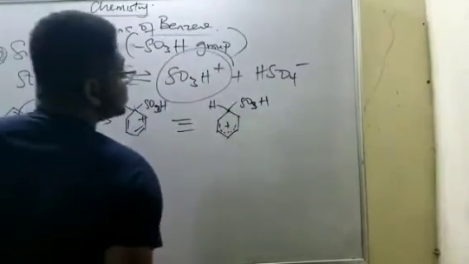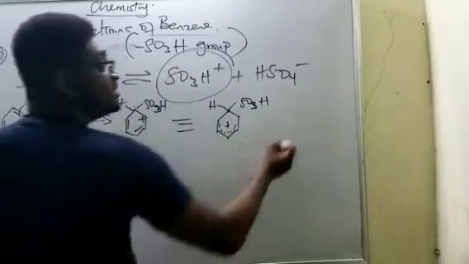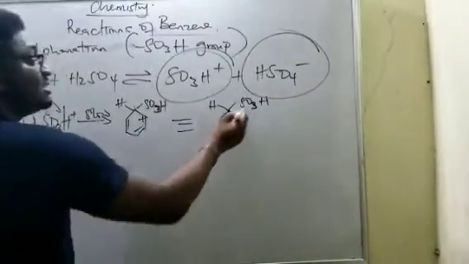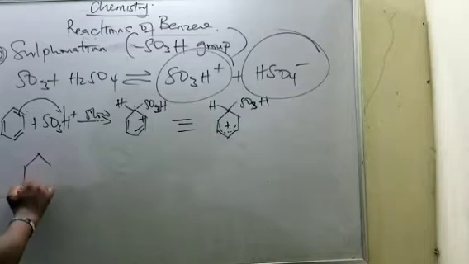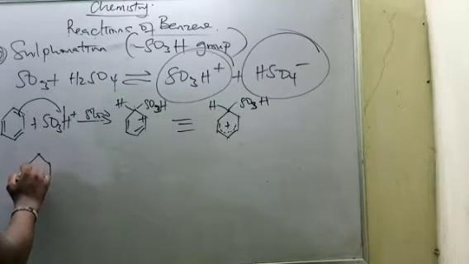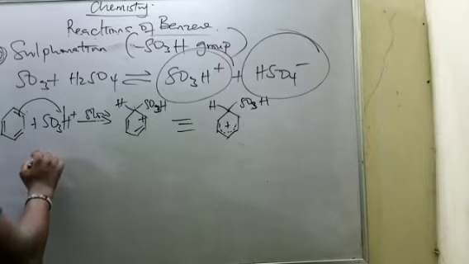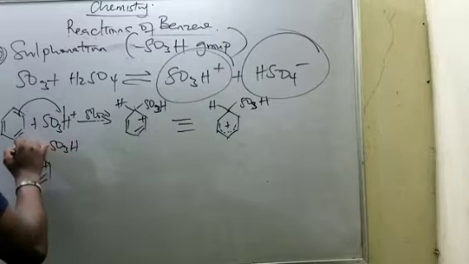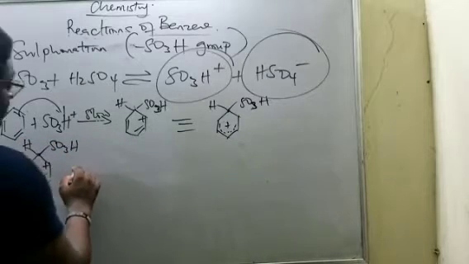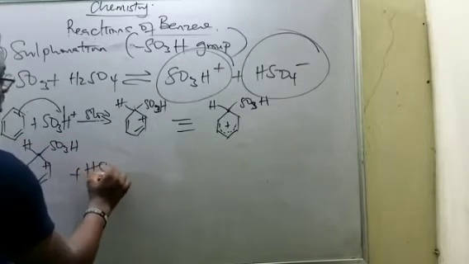Now this hydrogen needs to be lost. How can it be lost? Most likely HSO4- comes to abstract this hydrogen in the third step. Let's just say I'm picking one of the resonance structures, plus HSO4-.